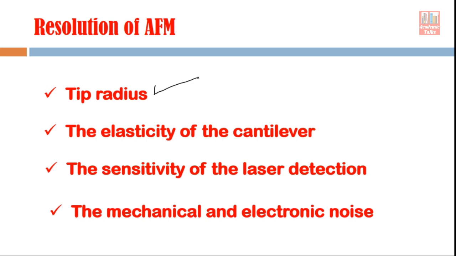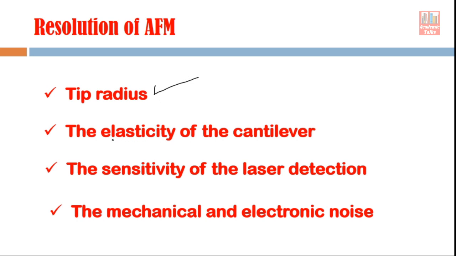How that helps in improving the resolution was already discussed in case of the scanning tunneling microscope. So in case of AFM also, the tip should be as sharp as possible for achieving the highest resolution.